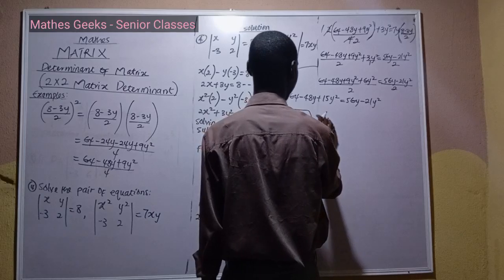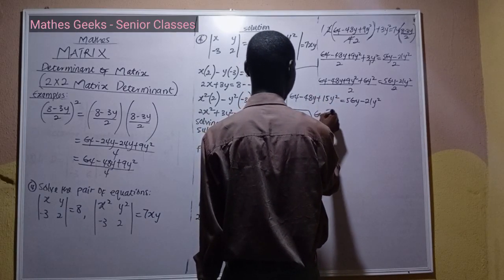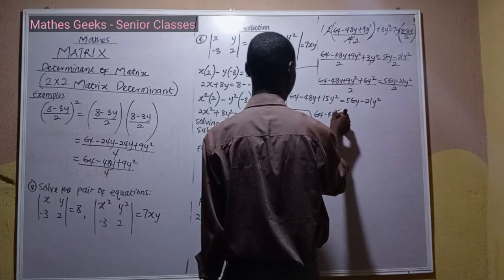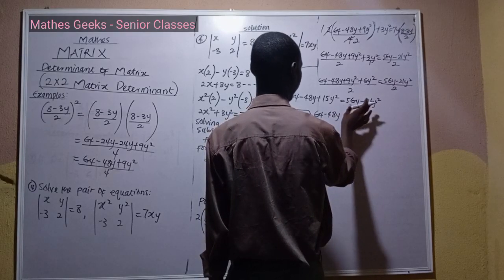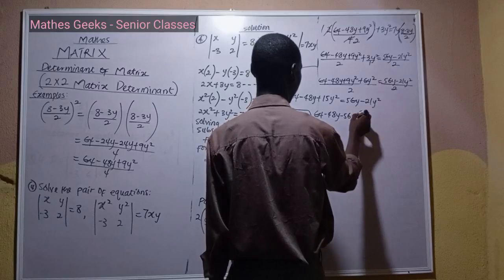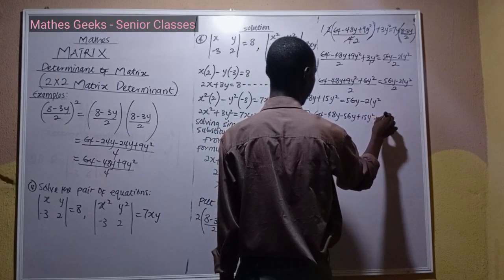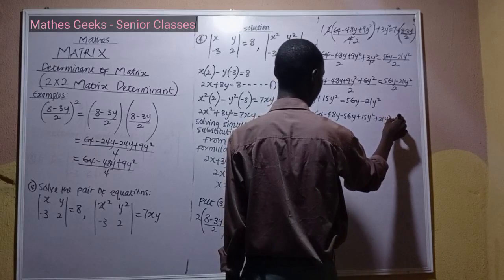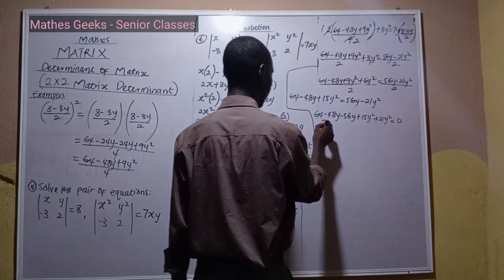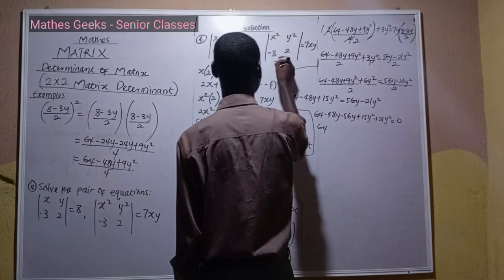So let's collect like terms. This will be 64 minus 48y, this one will come over to give us minus 56y plus 15y squared plus 21y squared is equals to 0.